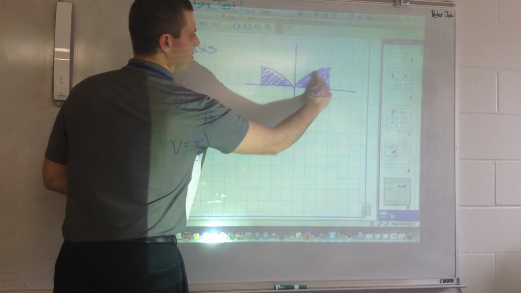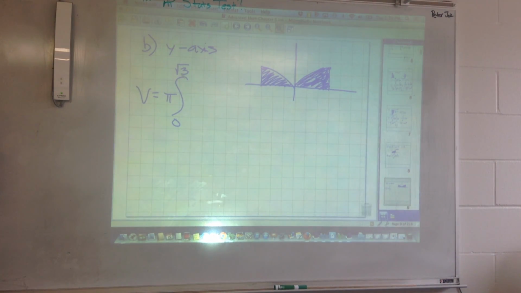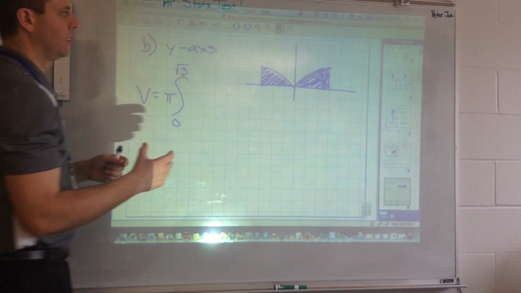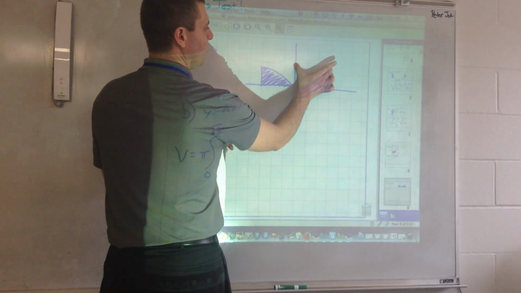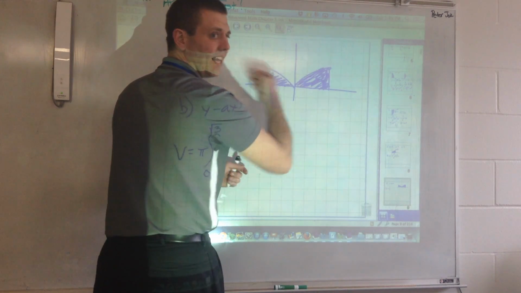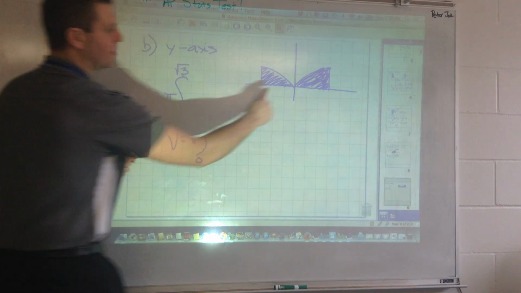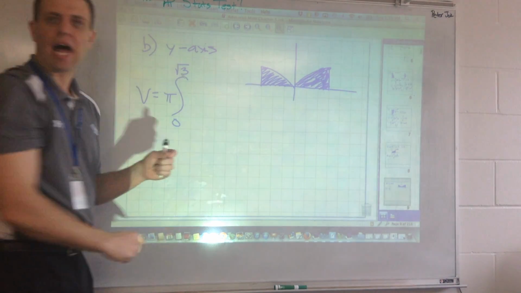Because our region does not touch the y-axis, there's a gap in there, creating kind of a washer method idea. So what I would do is pretend it was solid, find that solid volume, and subtract this part out of it.